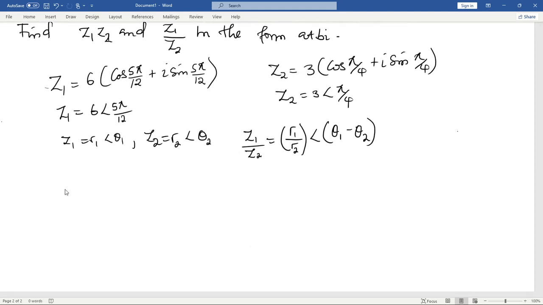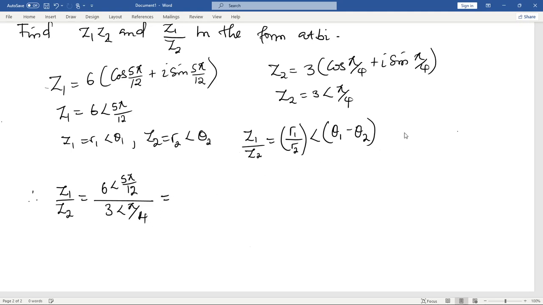Now here we have Z1 divided by Z2 here. This will simply be equal to, we have 6, 5 pi over 12 divided by 3, pi over 4 like this here.